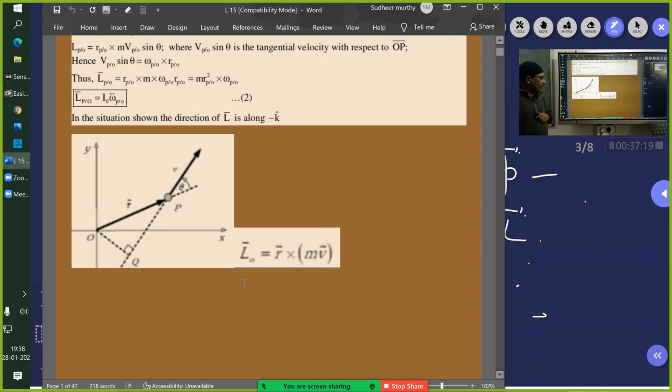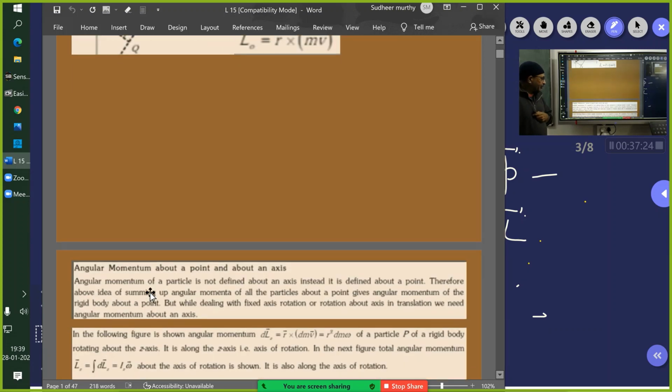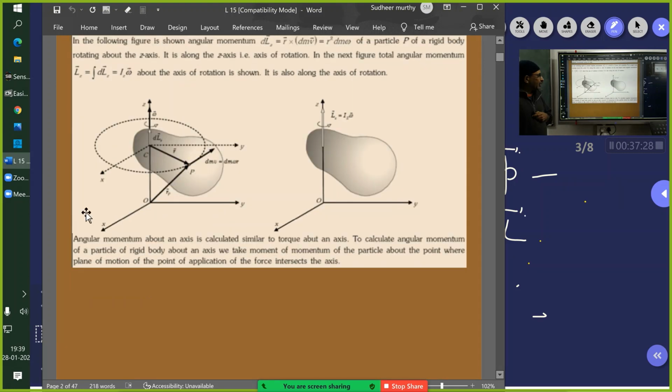All right, friends. So these terms now, L suffix O and all, are important for us. Now here is a wonderful diagram for all of you. You can see that an arbitrary body is chosen, and an arbitrary particle on the body is chosen.